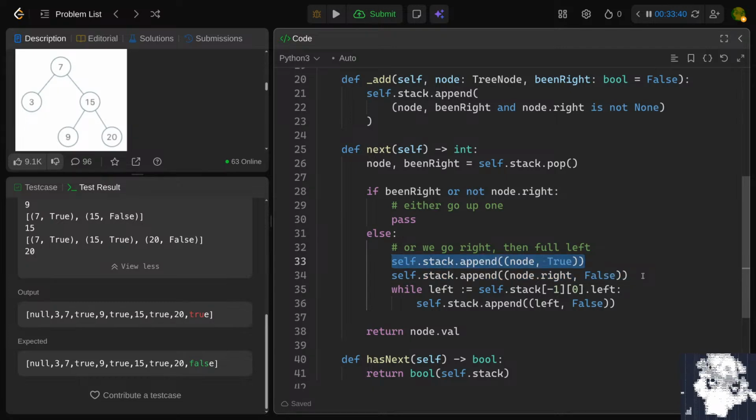Wait, a node, true. This one is node.right, false. This one is left.